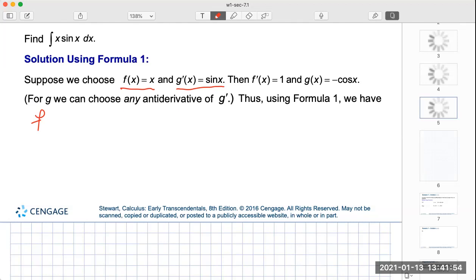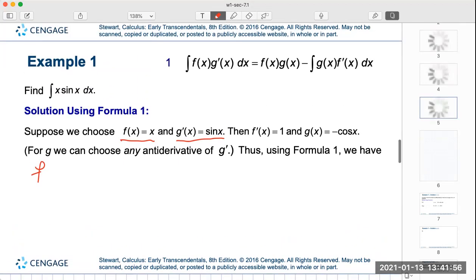From the integration by parts formula here, what do we need to know? If we are given f and g prime, we are given f of x, and we need to compute f prime. That is one thing we need to do. If we're given g prime, we need to find the antiderivative of g prime, which is g. So these are the only two things.